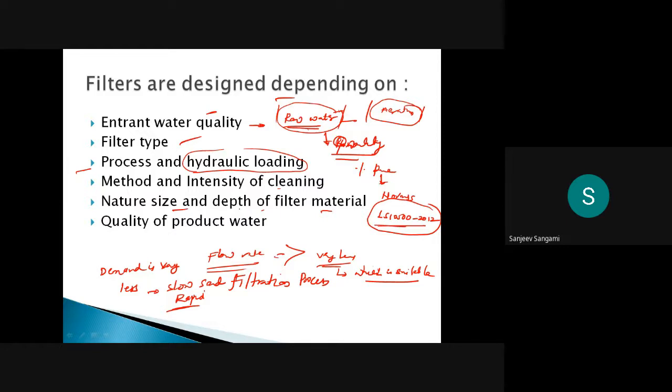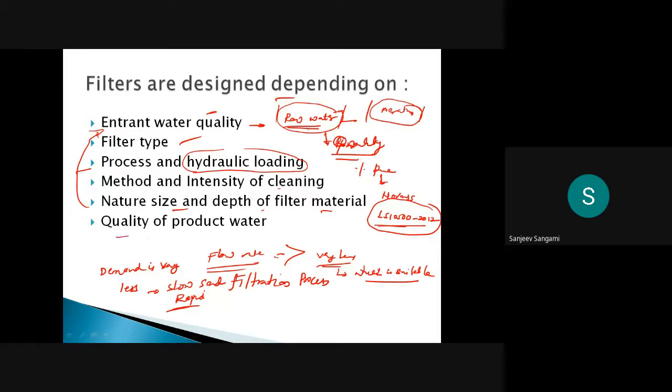Sometimes you use anthracite, sometimes sand, sometimes gravels of different sizes, sometimes charcoal as a filter material. That is also a criterion to decide the kind of filters, and again it depends on the raw water quality.